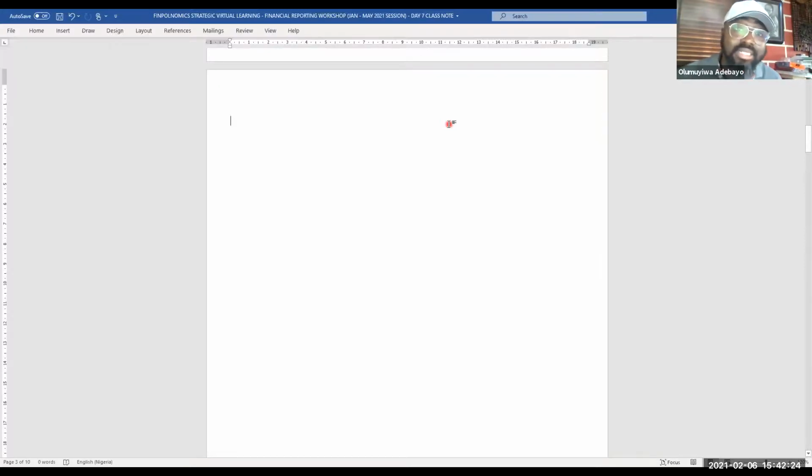What is critical about every combination, apart from being that businesses are involved, is what? Control. Now, how is control defined?